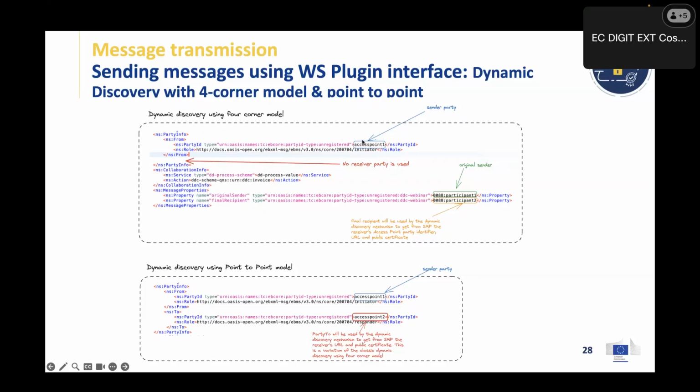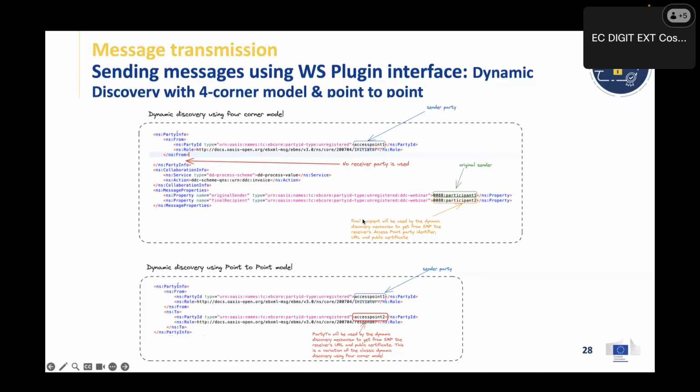So you have to fill in the access point which sends the message, so C2. There are no to-parties filled in, so no receiver parties filled in, because they will be dynamically discovered. But we have to specify here the original sender. So this is C1, the company which sends the invoice, and here is the receiver participant, the receiver company. This is the identifier that we have previously configured in SMP.